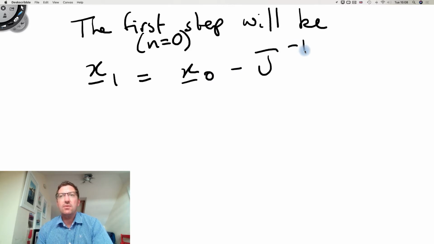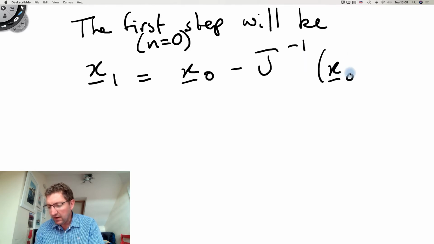Remember, J is not a constant, it depends on position. So we call that J of x of 0, and then you've got big F of x of 0 as well.